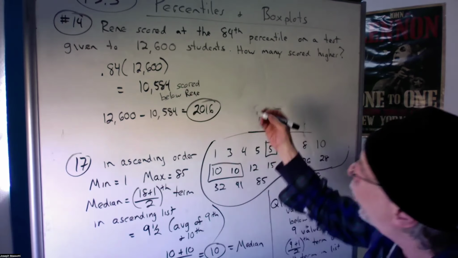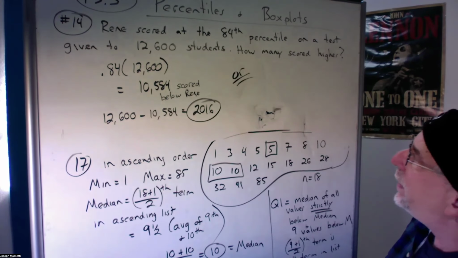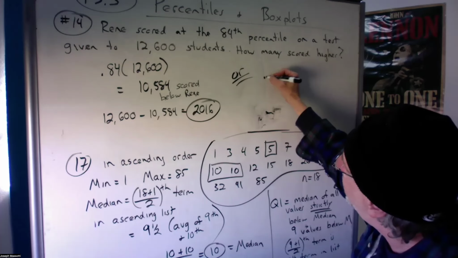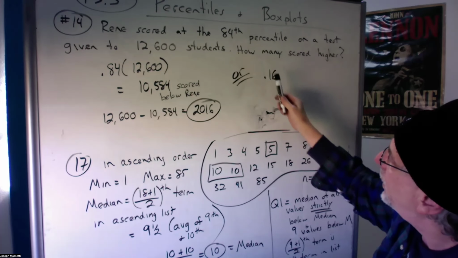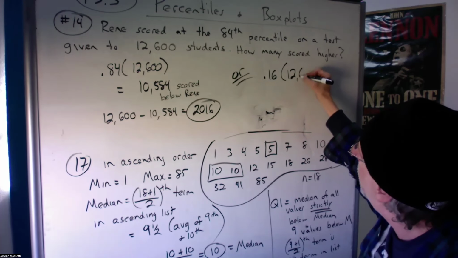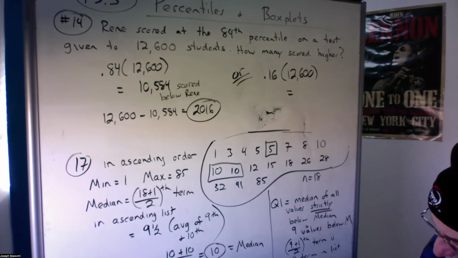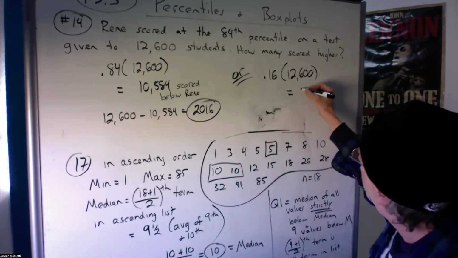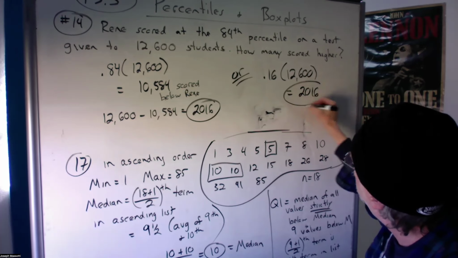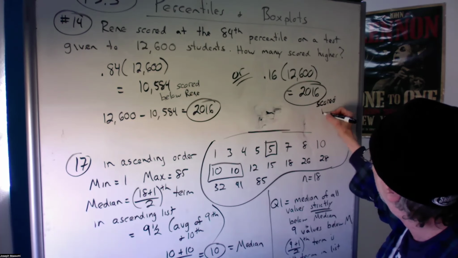Or you can say, well, if she scored at the 84th percentile, then that means 16%, or the rest, right? 16 and 84 is 100, of that 12,600 scored above her. And if you plug that in, it's going to be the same thing. 2,016 students scored higher.